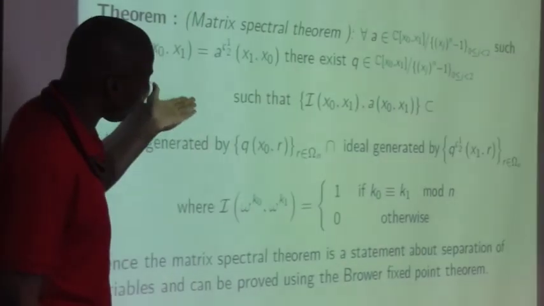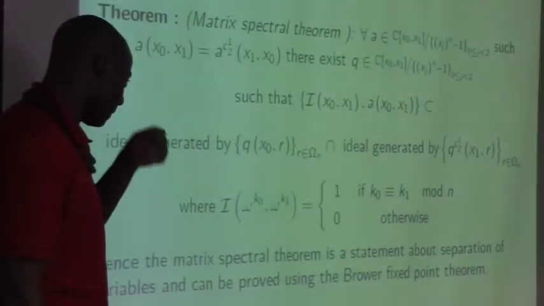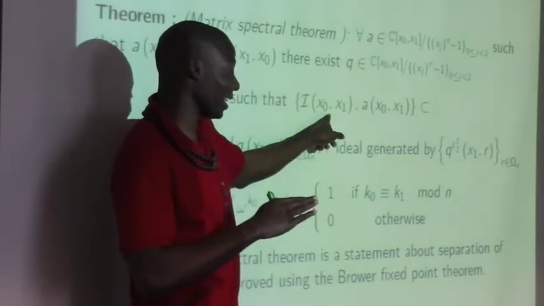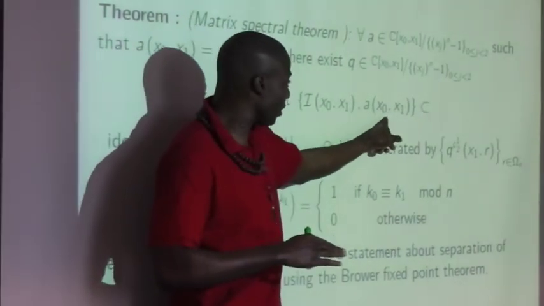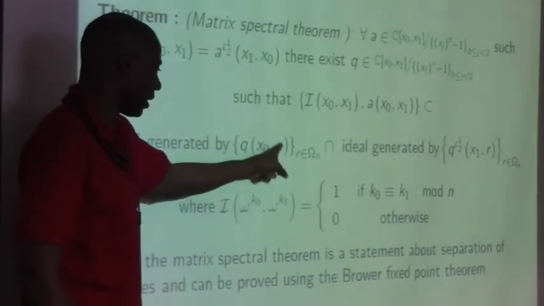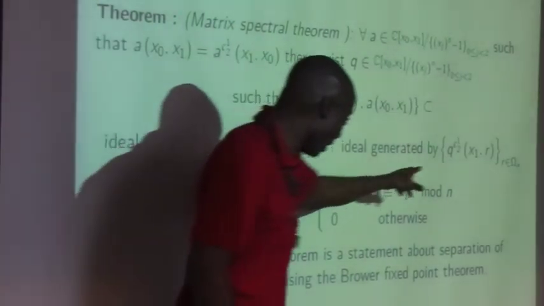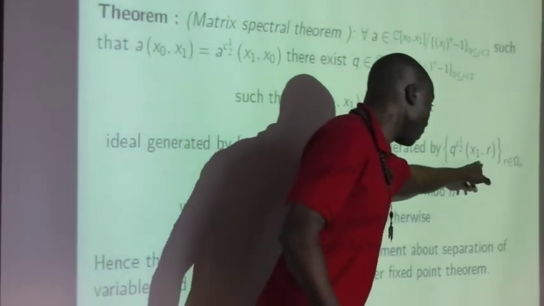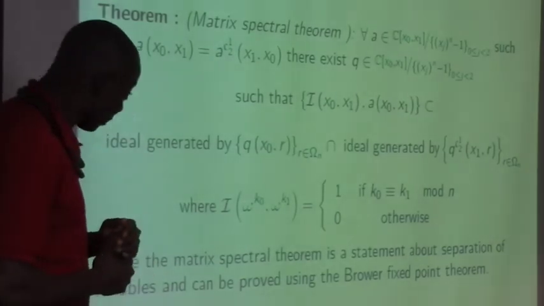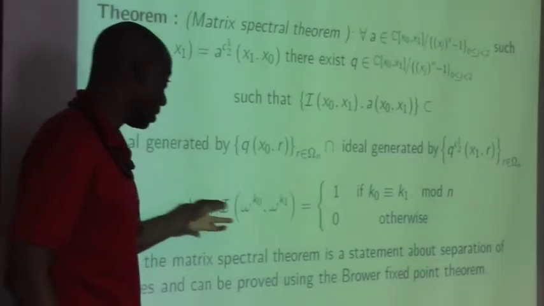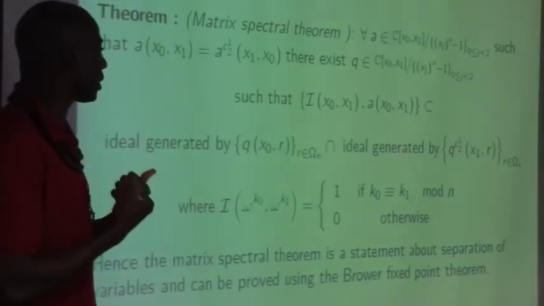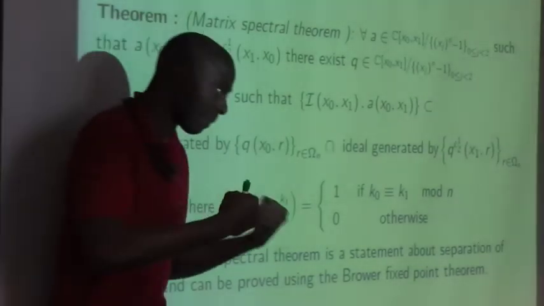So in the language of polynomials, the way you say this is that the identity polynomial, and the polynomial corresponding to A, are in the intersection of the ideal generated by Qx0r and the conjugate of Qx1r, where I is the identity polynomial. So what the spectral theorem buys us is that we can separate the dependency on the variables.